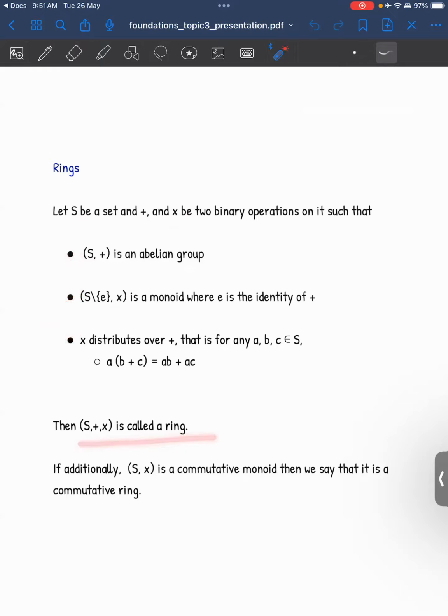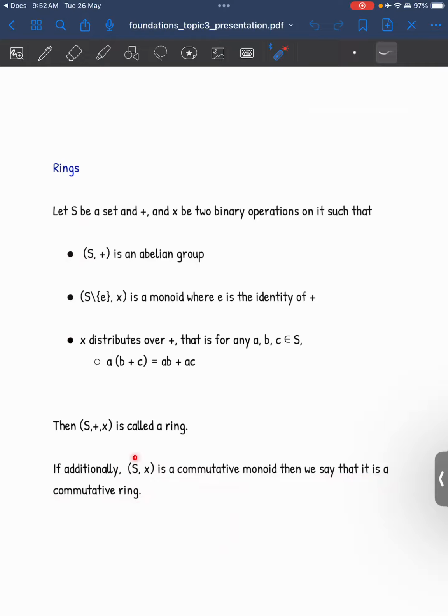Okay. If additionally, which we saw in the case of integers, S under multiplication, and when I say S under multiplication, by default I mean that I'm removing the identity element here, so S without the identity element is a commutative monoid, then we say that it is a commutative ring.